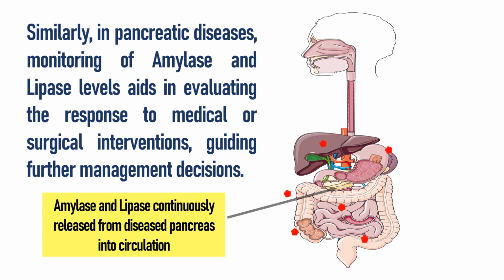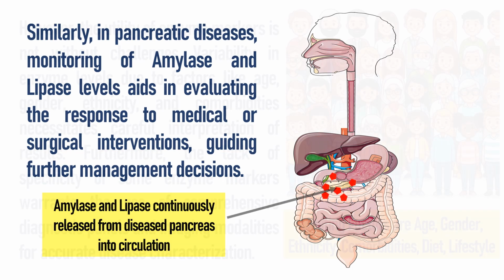Similarly, in pancreatic diseases, monitoring of amylase and lipase levels aids in evaluating the response to medical or surgical interventions, guiding further management decisions. There usually is a strong correlation between serum amylase and lipase level, and the seriousness of the disease condition.